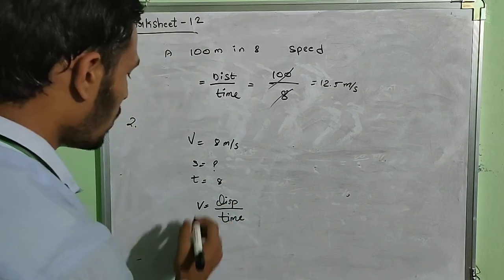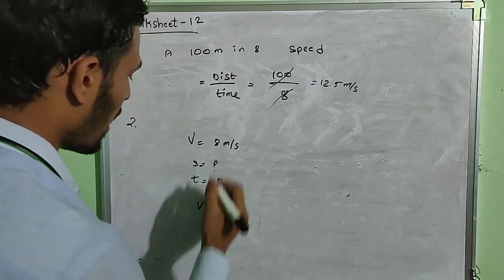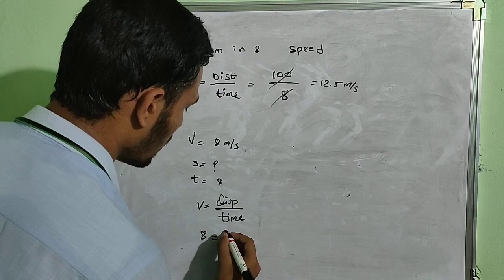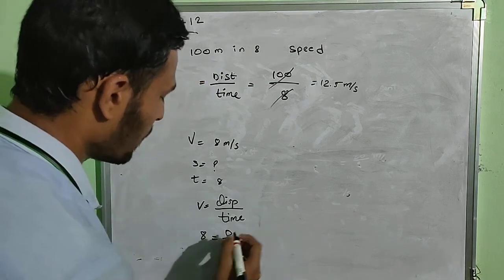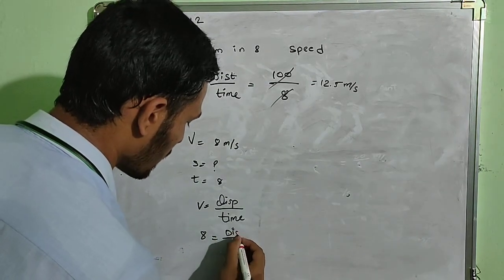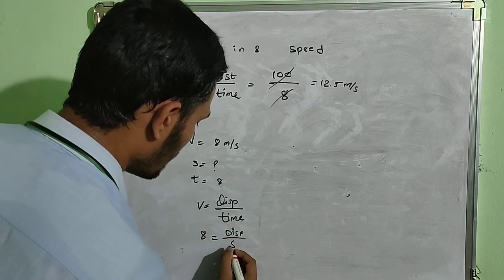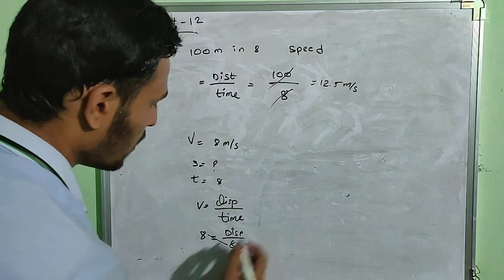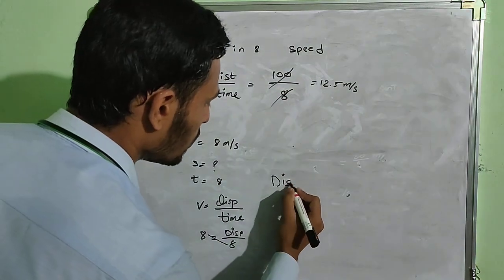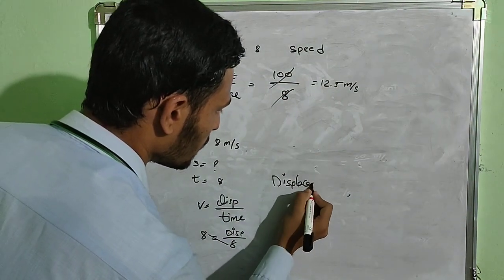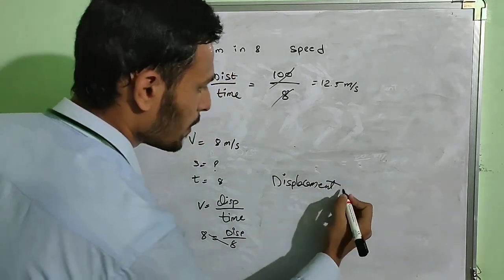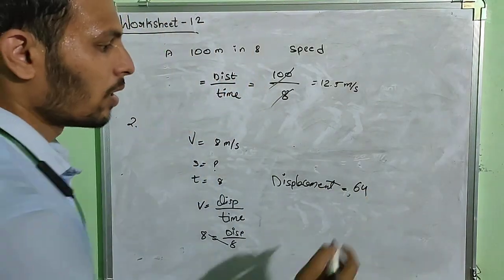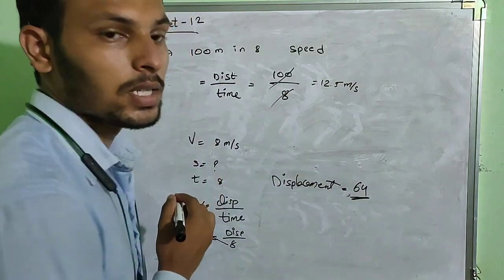So 8 is equal to displacement divided by 8. We need to multiply these two terms to get the displacement. So displacement is 8 into 8, which is 64.